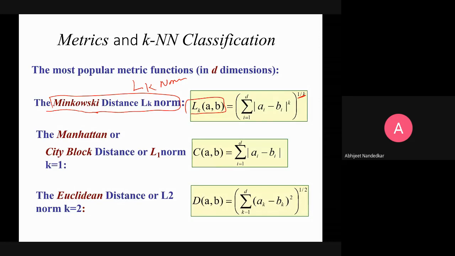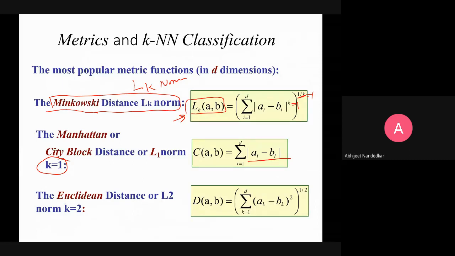Now suppose I put k equal to 1 in this equation, then it is called the city block distance or L1 norm. So put k equal to 1 here. It will be just a summation, i equal to 1 to d, of the absolute value of this difference A_i minus B_i.